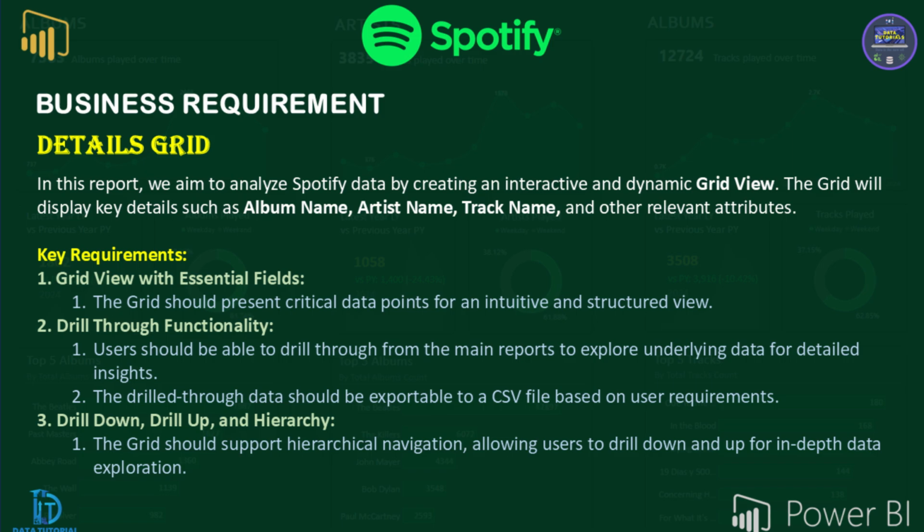We'll see the underlying data, which will be used for exporting that grid to different users based on the filters we apply in the first dashboards, right? I can explain this better when we design that logic at the end of this video, because it is the end part. After designing all the dashboards, we are going to make use of drill through features.